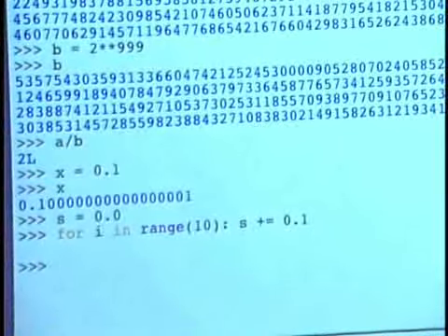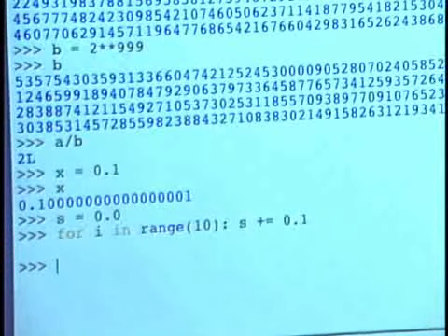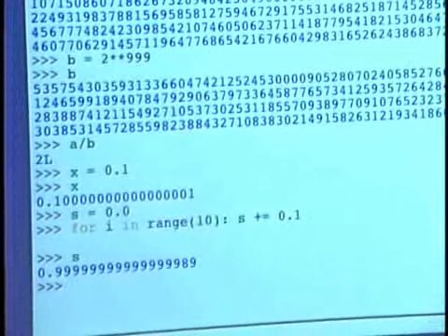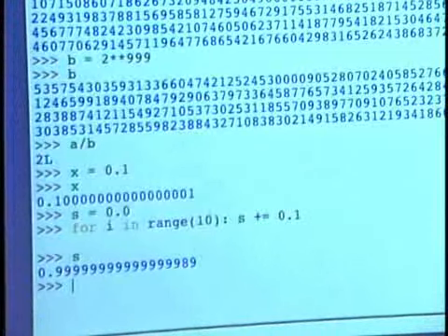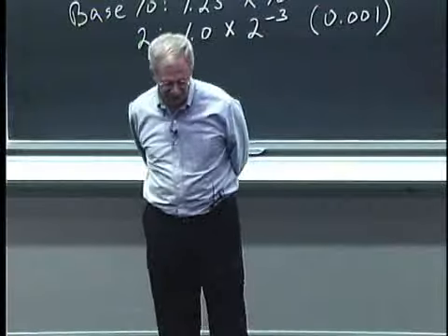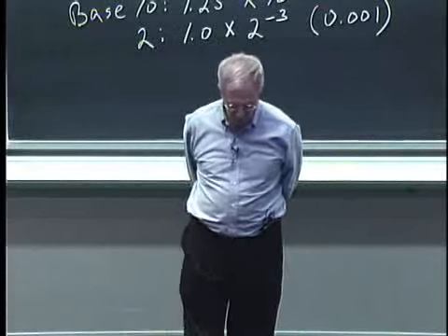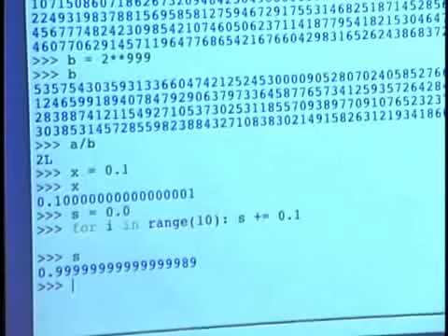All right, we've done that. And now, what happens when I print s? Well, again, you don't get what your intuition says you should get. Notice the last two digits, which are 8 and 9.